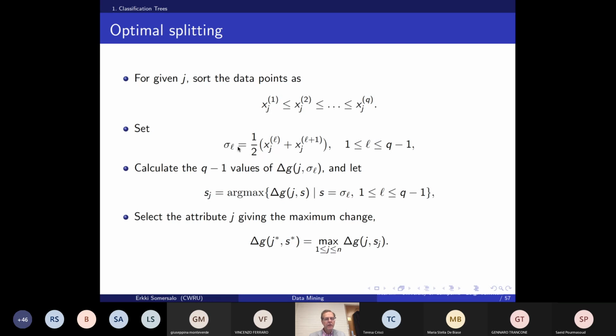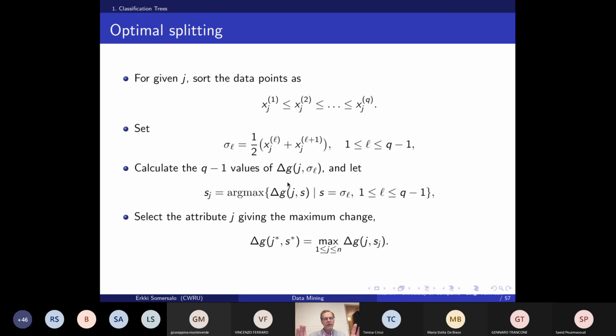Now, what we do here is an exhaustive search. For this particular j, we calculate the change in the Gini index for each value sigma L. So we are using this sigma L as a split value, and we are calculating how much the Gini index is decreasing when we use sigma L as a split point.